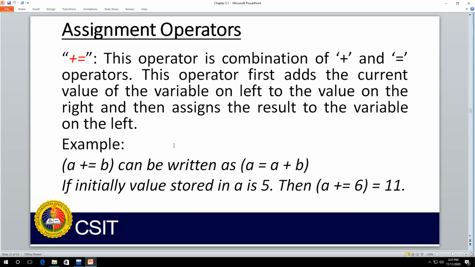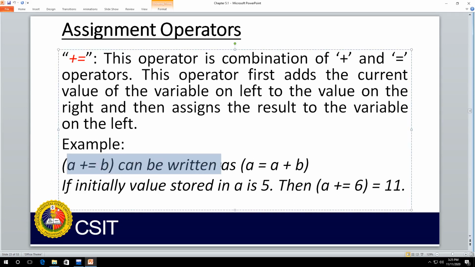So the combination of addition and the equal sign. So this one, a plus equals b can be written as a is equals to a plus b. So if your initial value of a is 5, then a plus equals 6 is equals to 11, since a is equals to a plus b, and a is equals to 5, and the number is 6. So 5 plus 6 is equals to 11.